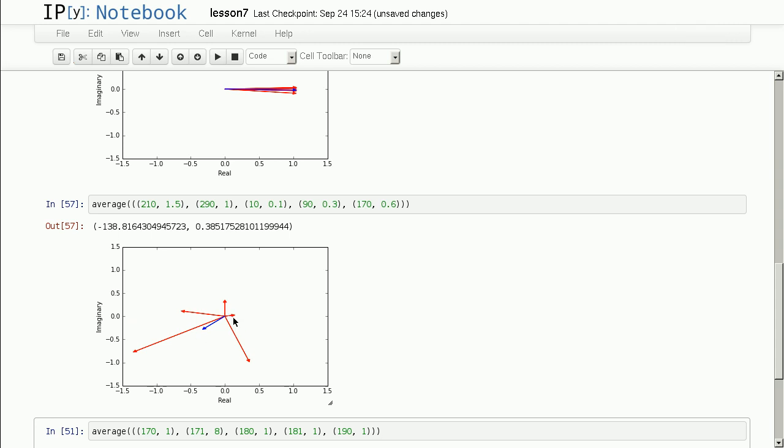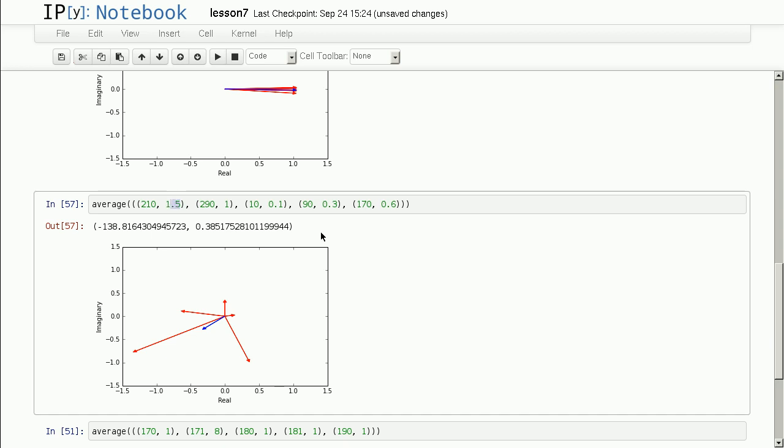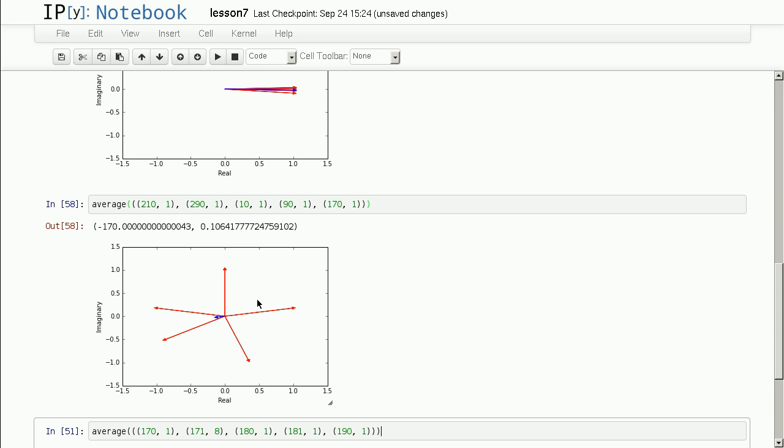Now you can see if these different wind measurements had different speeds, then the preponderance of the wind, or the average air motion, is in the direction of the blue vector here. But if these all have the same speeds, or if we have no speed information, and we just have to assume that they're all the same, then we end up here with all of these input vectors at the same distance from the origin, but the output vector is very, very weak and in a slightly different direction.